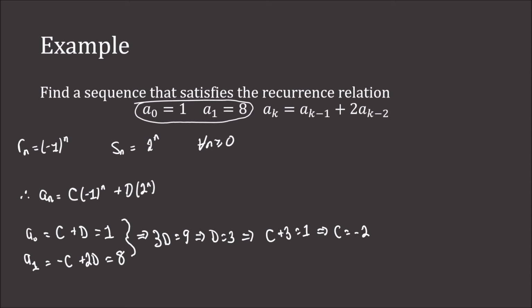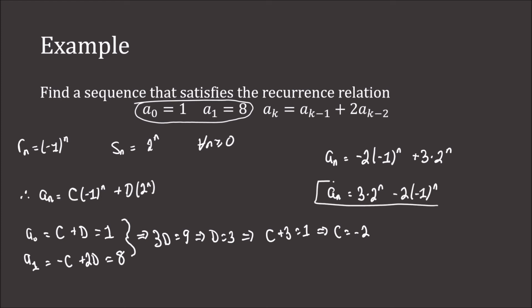So a sub n would be negative 2 times negative 1 to the n plus 3 times 2 to the n. And we could rewrite it as 3 times 2 to the n minus 2 times minus 1 to the n.